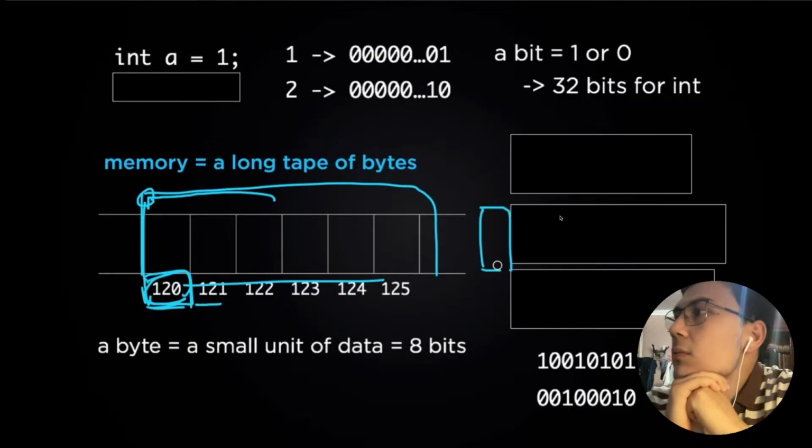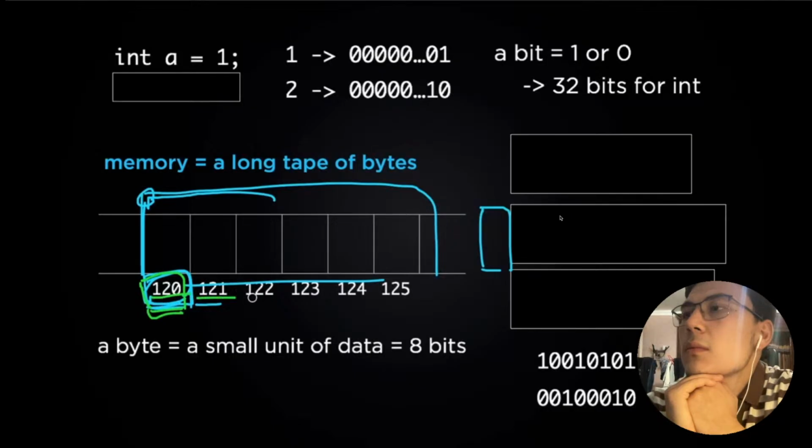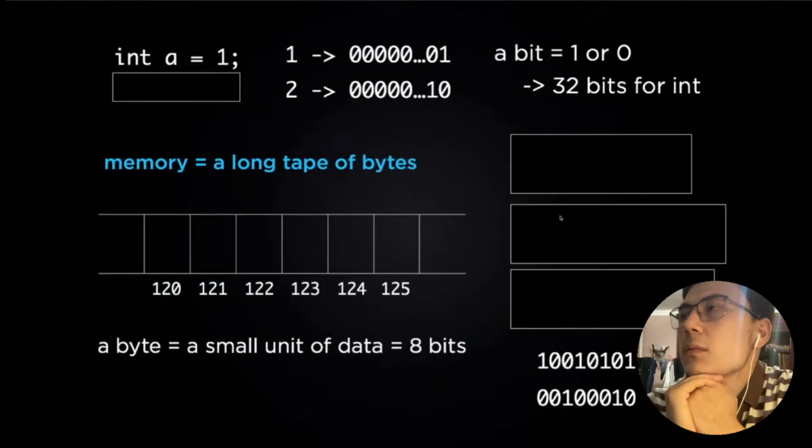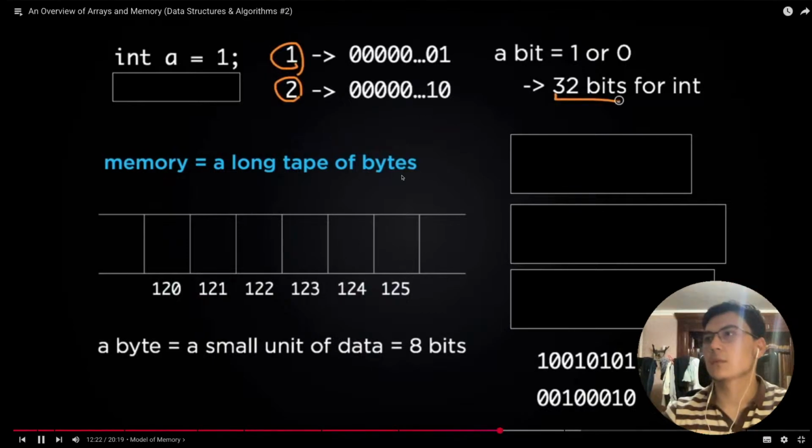But the important thing to understand here is that even though the starting index 120 is arbitrary here, the way you have consecutive addresses, 120, 121, 122, and so on, that's exactly like a real system on your computer. Anyway, like I said earlier, each integer can be represented with 32 bits.